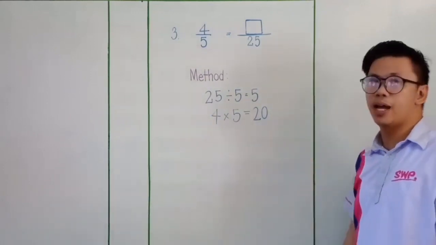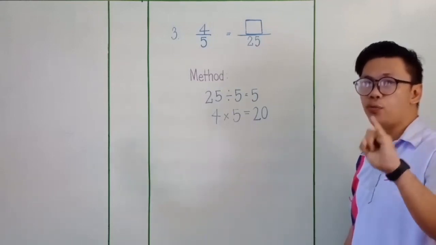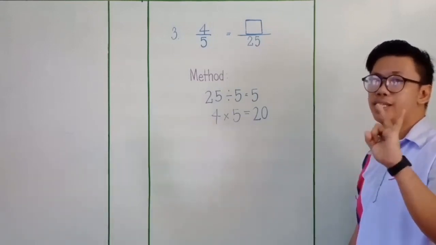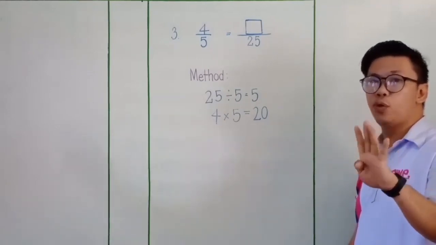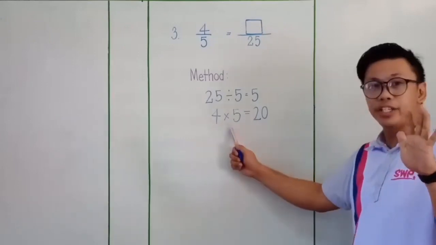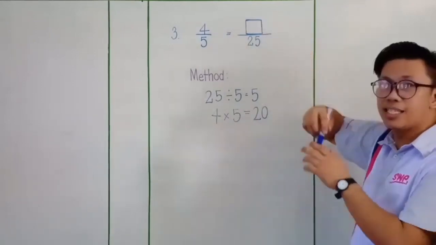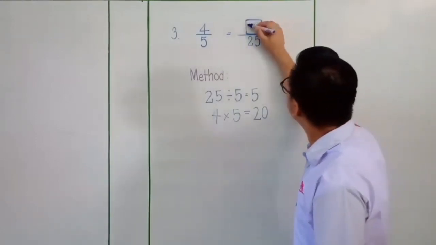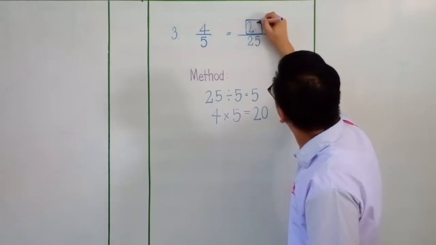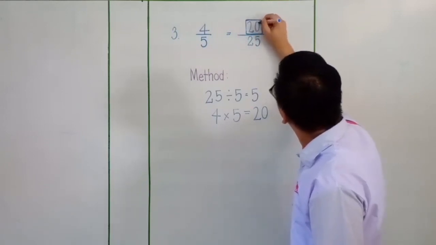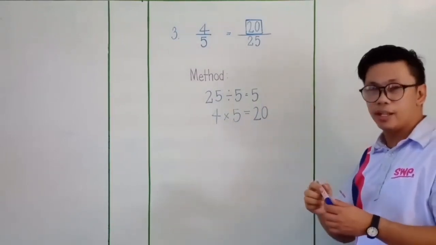Because if we multiply from the start, 4 times 1 is 4, 4 times 2 is 8, 4 times 3 is 12, 4 times 4 is 16, and 4 times 5 is 20. So our answer in the box is 20. Now we have the answer to have the equivalent fraction.